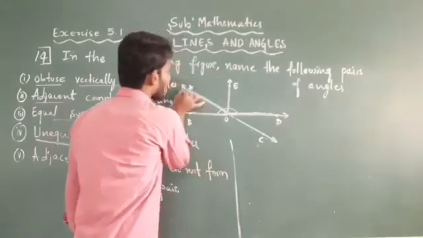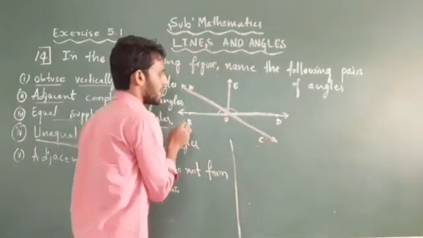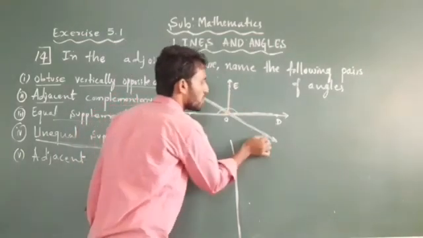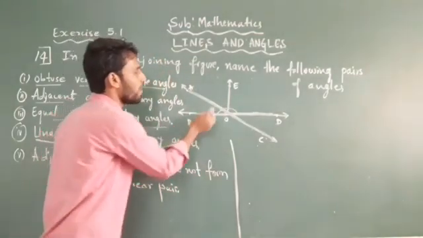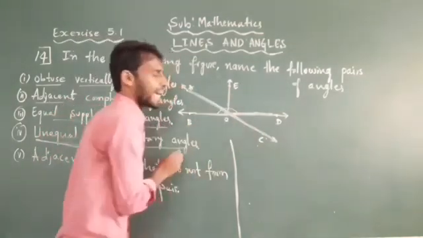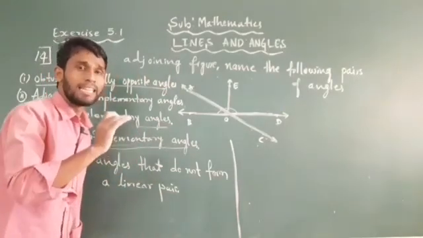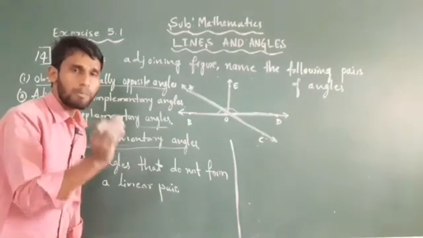Now see, this is the linear pair. Here AOE and EOC. These are two unequal angles. When we add these two unequal angles, we get 180 degrees. So supplementary angle means the sum of two angles is 180 degrees.